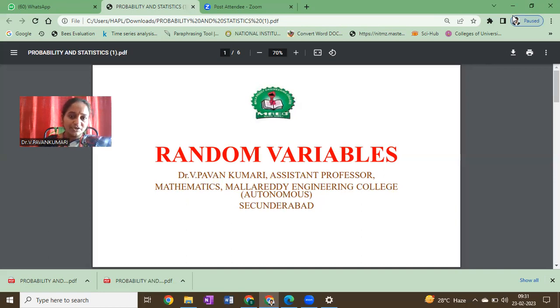But the binomial distribution has n number of trials and two parameters, n and p.